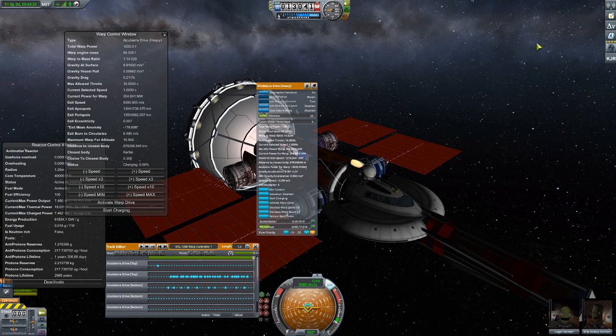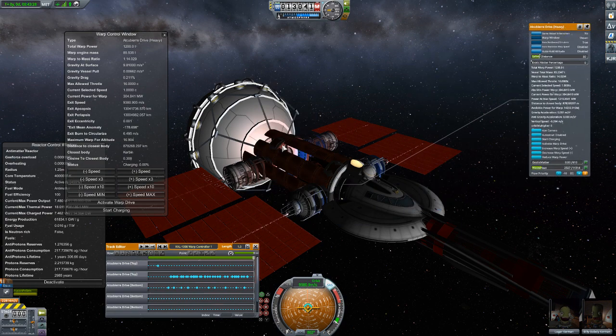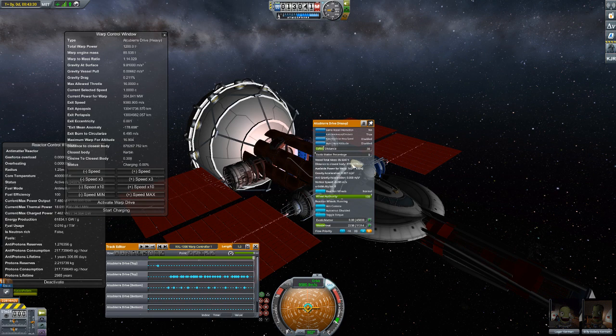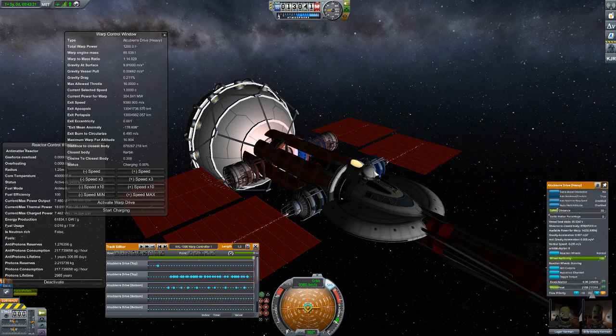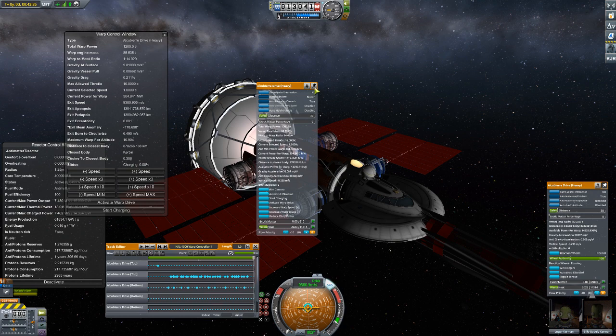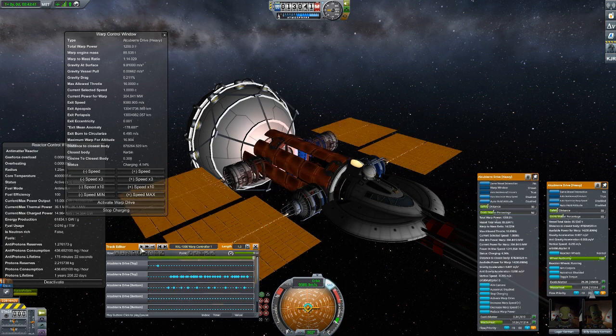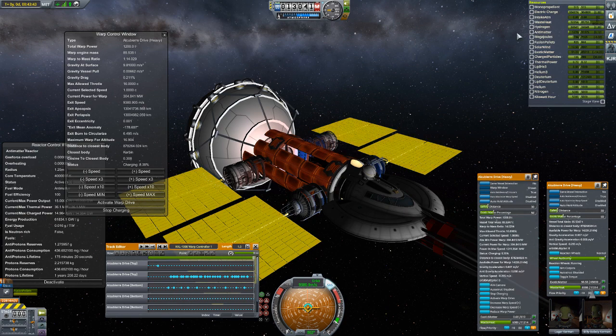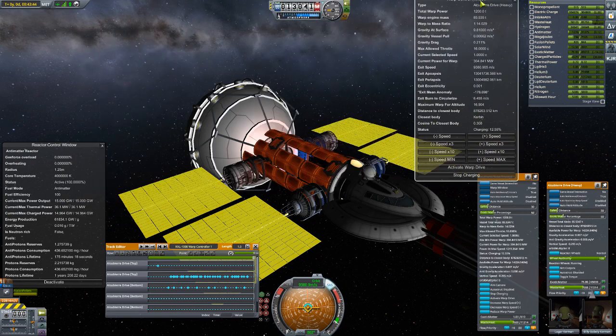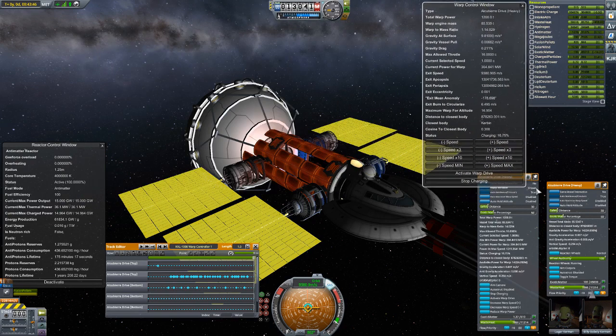Warp window. See if we can do this really quick. There we go. Okay, we're back in business. Just had to reload. Silliness. It's okay though.